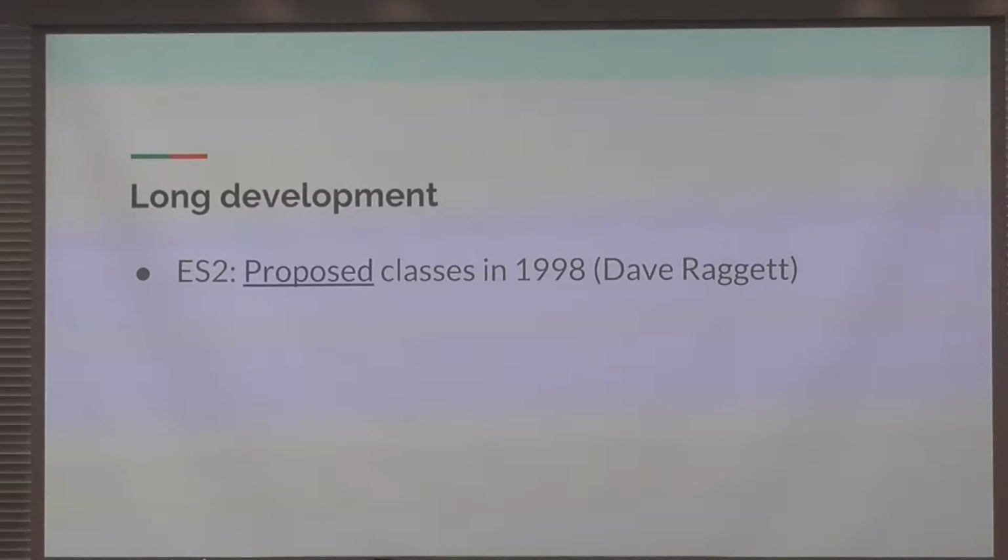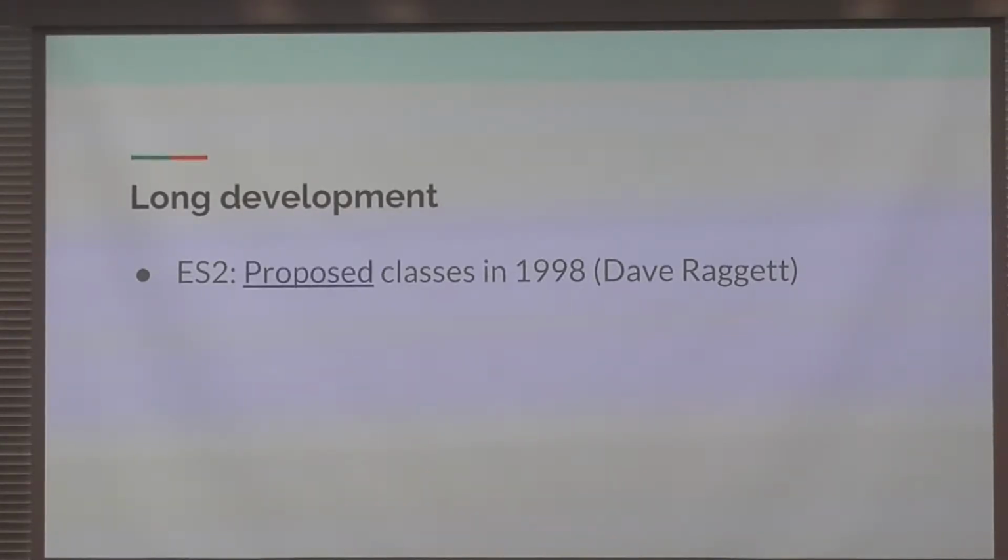Classes have been under discussion for a very long time. In the development of ES2 way back in 1998, just 1 year after TC39 was first convened, once they got ES1 out of the door, people really wanted to get started on adding classes to JavaScript, because JavaScript only had functions.